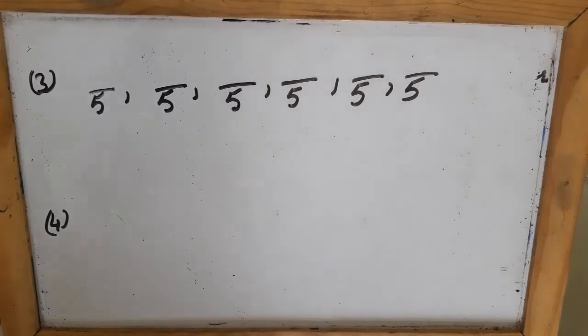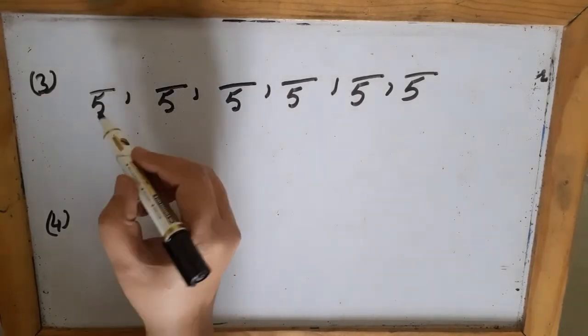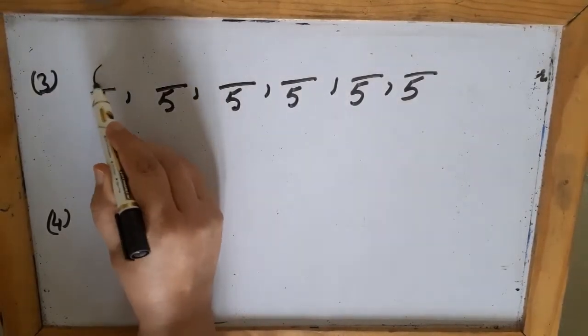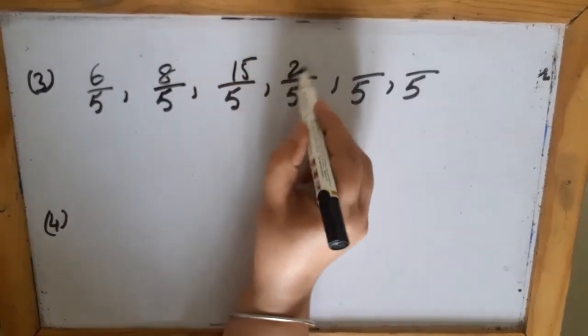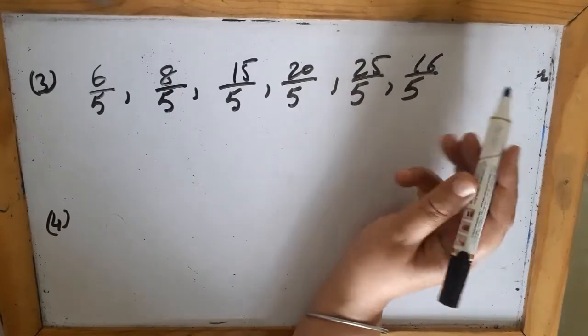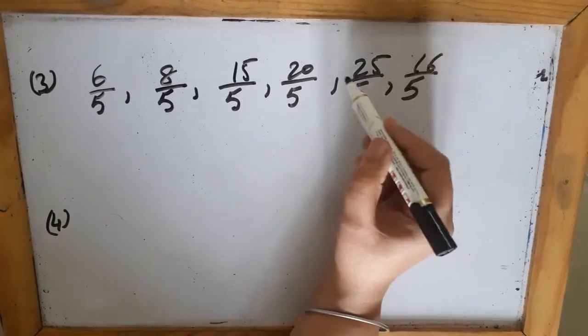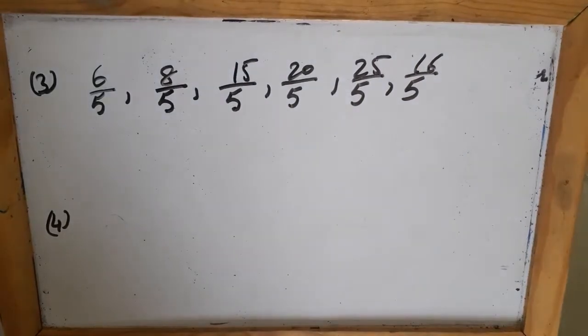Improper fractions are those where the numerator is bigger than the denominator. So I can write a number which is bigger than 5. I can write 6, 8, 15, 20, 25, 16. Any number on top as a numerator should be bigger than 5, and it will make improper fractions with the denominator 5.